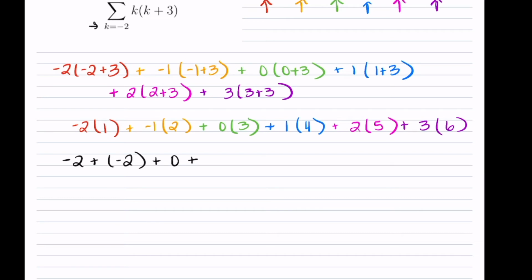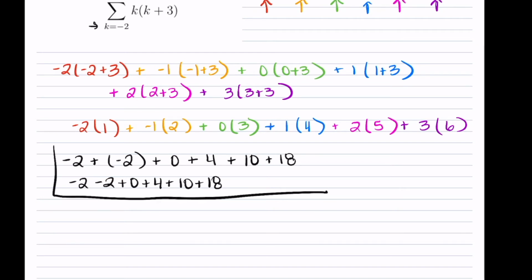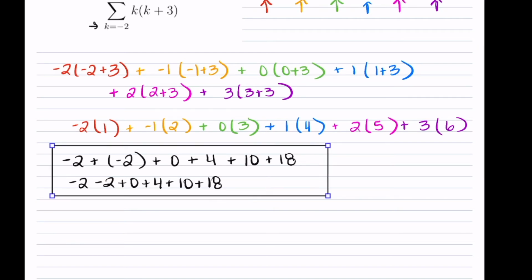Plus 1 times 4 is 4. Plus 2 times 5 is 10. Plus 3 times 6 is 18. So you can keep it like that, or you can even switch that into a subtraction sign if you wish to do so. I'm going to circle both these answers though, because both are correct.